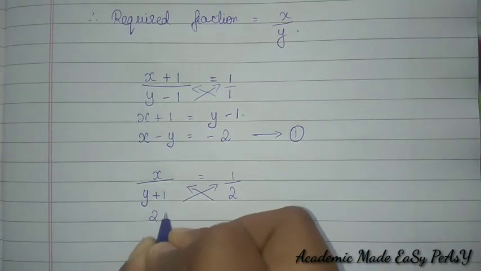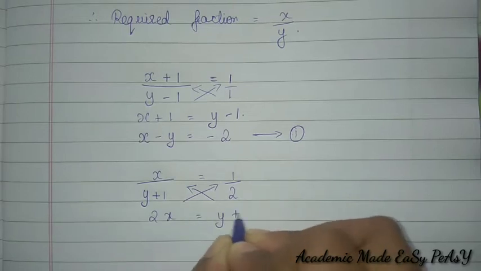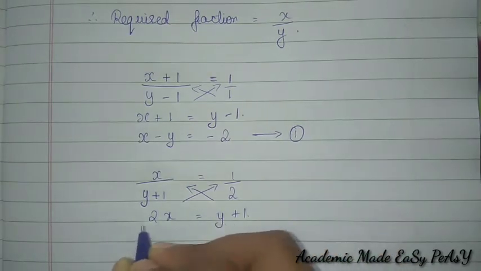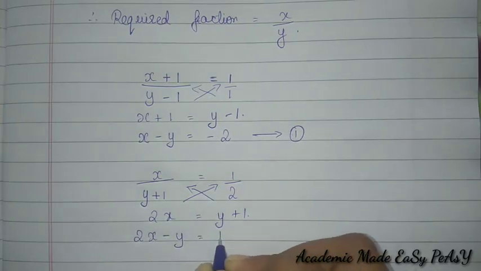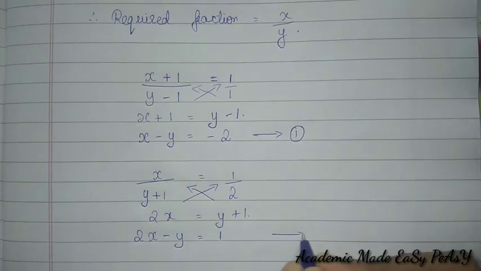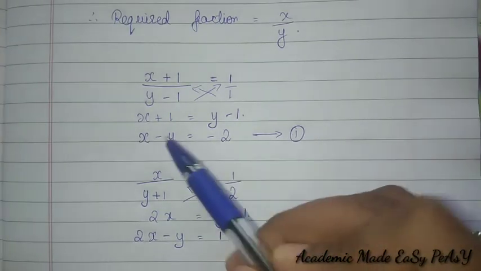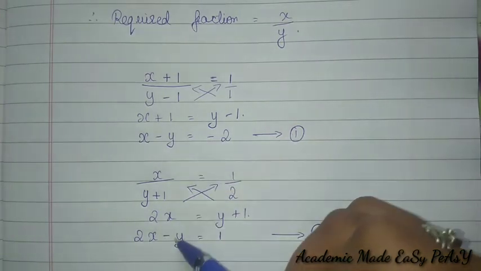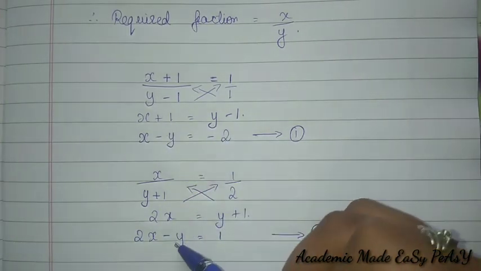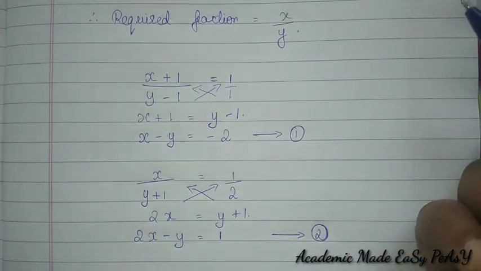So 2x is equal to y plus 1. Let me have the variables on one side. So 2x minus y is equal to 1. Let this be equation 2. If I check the coefficient of y, it is the same, isn't it? Here it is 1, here also it is 1.